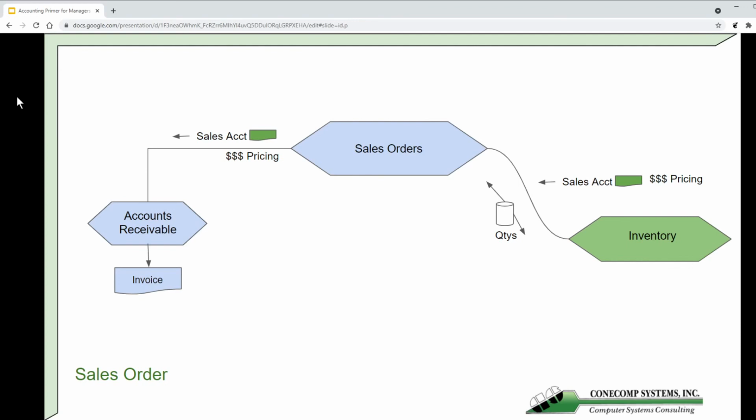If you get a printed bill with detailed line items, that's coming from a sales order system. It prints that, and then it creates and sends to accounts receivable the invoice transaction with all the detailed sales account numbers.